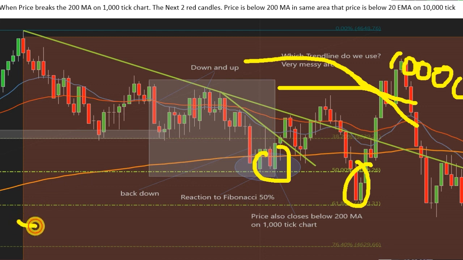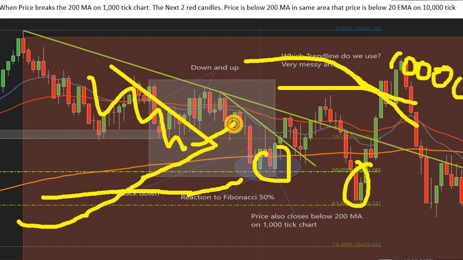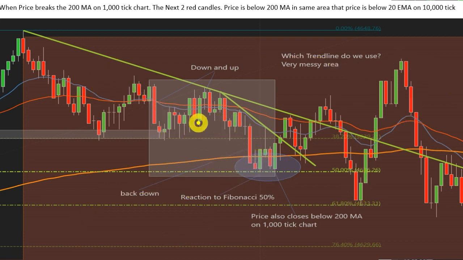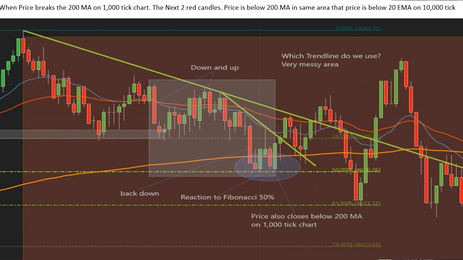We want the 20 moving average to come back over the 50, and we want the 20 to be going up over the 50 for the pullback into that range and a trend line break so we can get long. So once price goes down so far that on the higher time chart the 20 crosses below the 50, then this strategy is invalid.